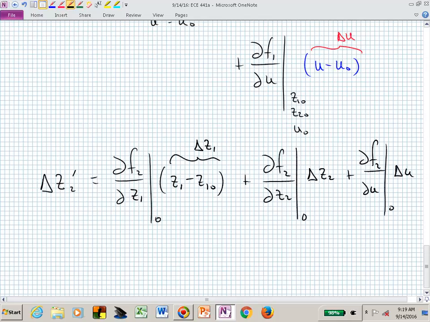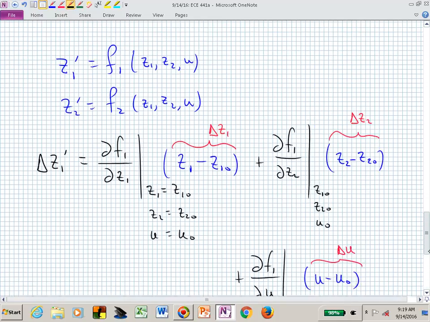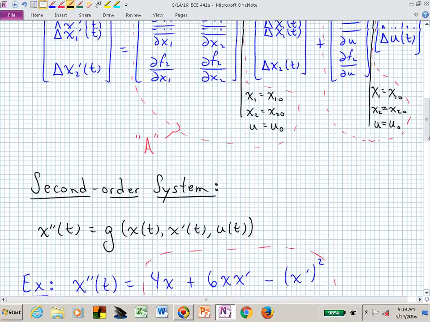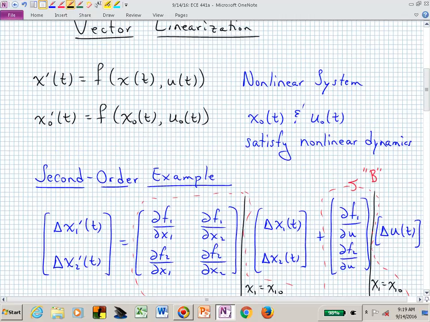Now we can perform all of those partials because we know what f sub 1 and f sub 2 are in terms of the z's and the u's. What we don't yet know are these nominal operating conditions: z sub 1 0, z sub 2 0, and u sub 0. What we're really after is a set of z naughts and u naughts that satisfy the original governing nonlinear differential equation.